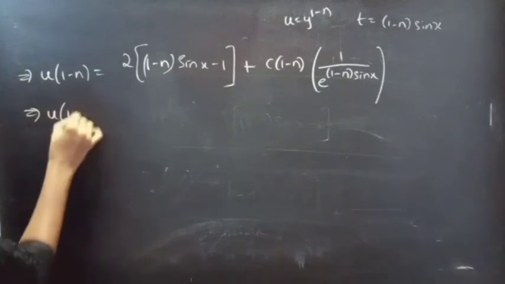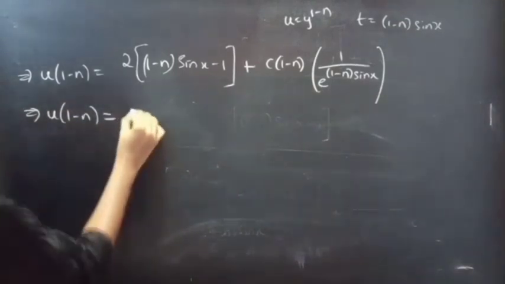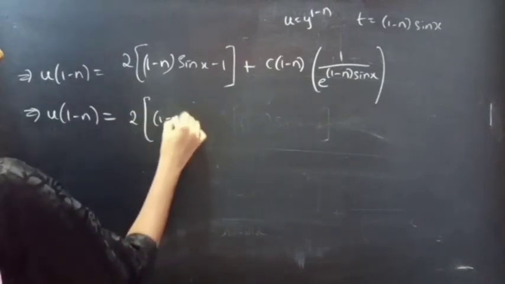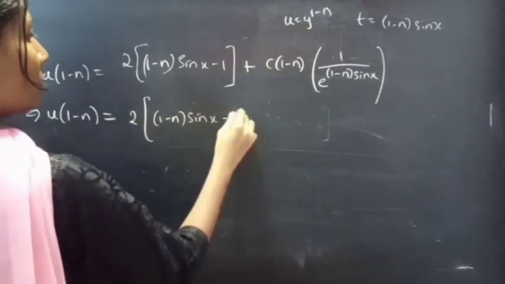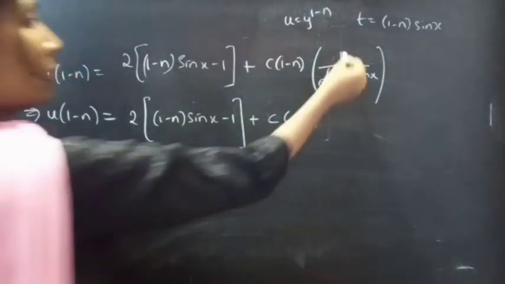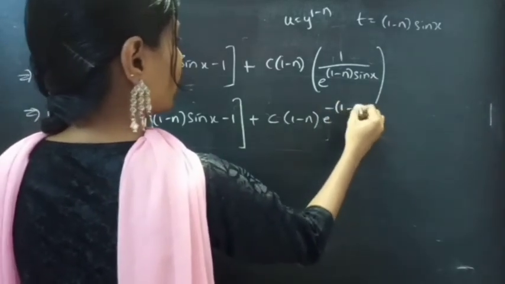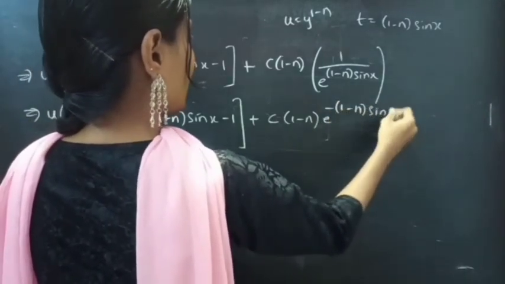Then u into 1 minus n equals 2 times 1 minus n sin x minus 1 plus c into 1 minus n into the reciprocal of e power 1 minus n sin x, which is e power minus of 1 minus n sin x.